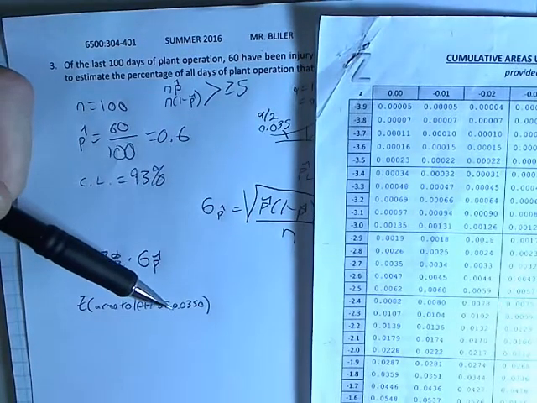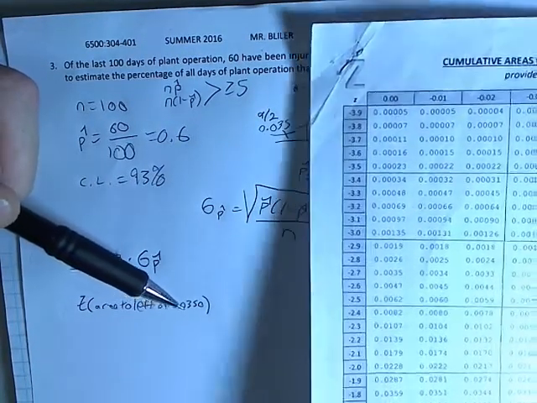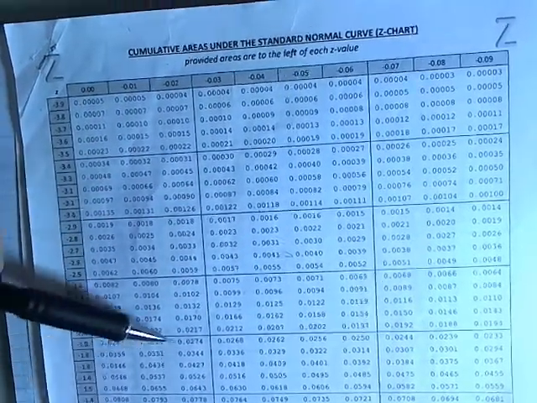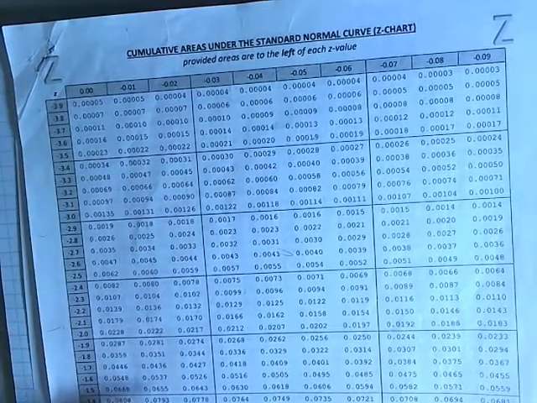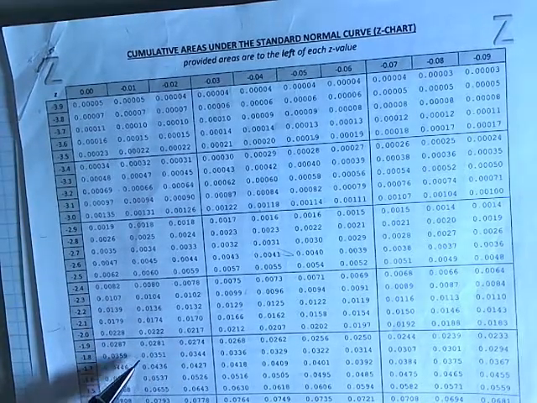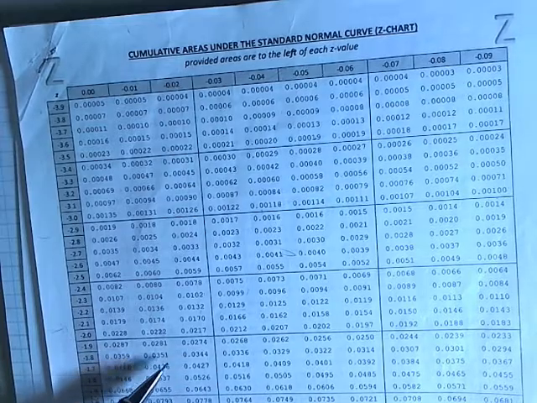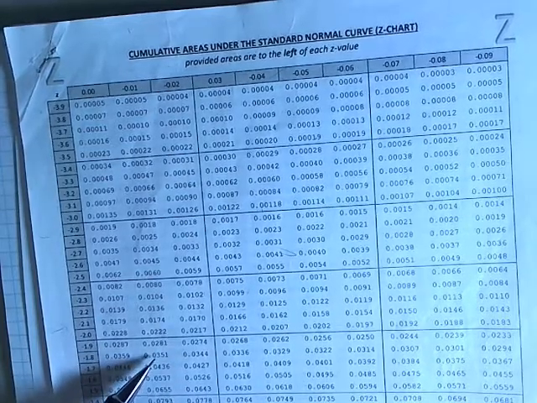We're going to look up an area of 0.0350 on the negative side of the chart, and 0.0351 looks like our closest value from these areas in the chart.